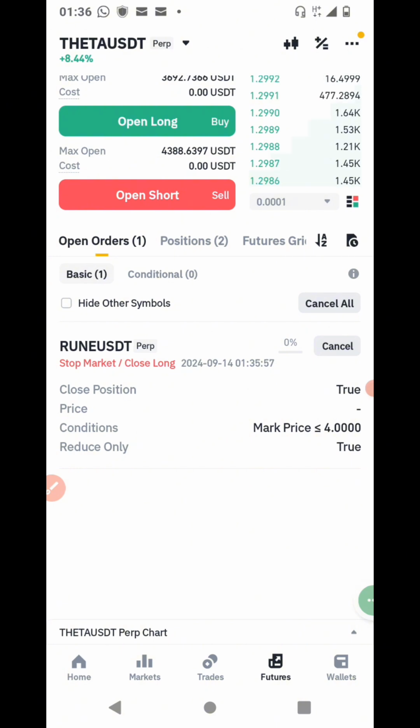When you set your trade, you can put your stop loss there on the robot. But I prefer to come and put it on Binance here, because Binance can pretend that it did not see your stop loss. They'll pretend as if there was a glitch in the API connection, or for one reason or the other. That is after liquidating you, they will tell you that they did not see your stop loss. So I'm putting it as an open order here, so there's no way they will not see it.